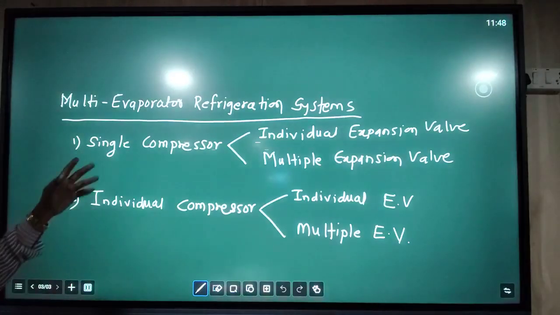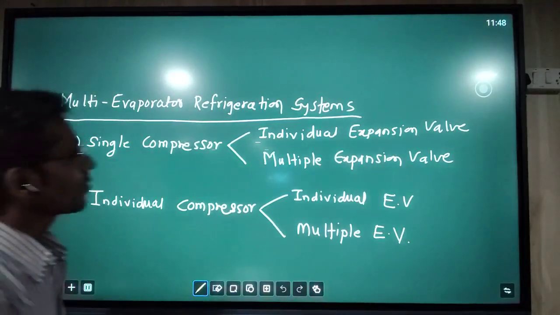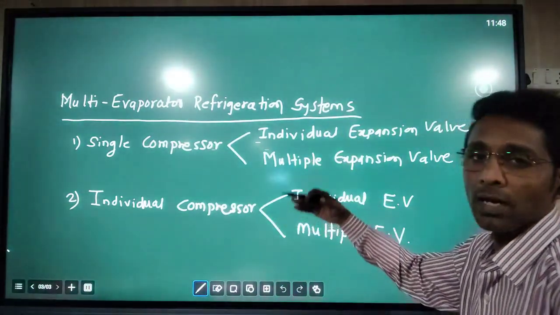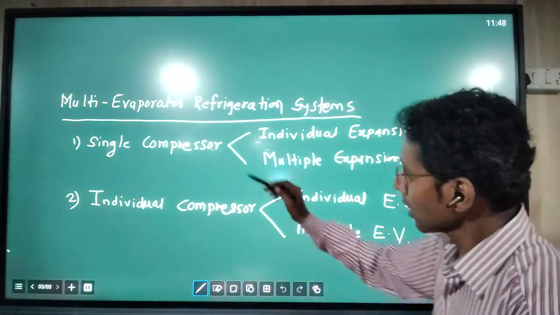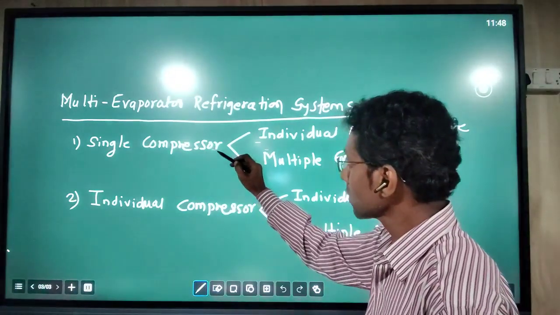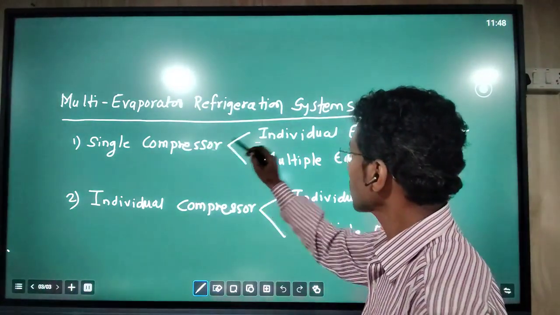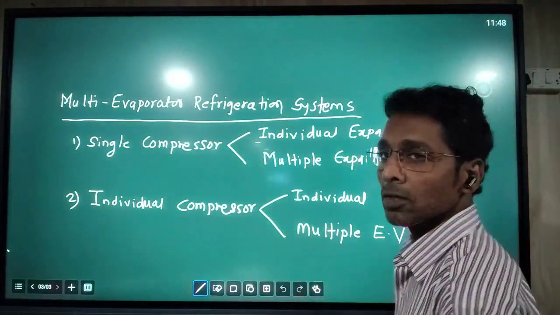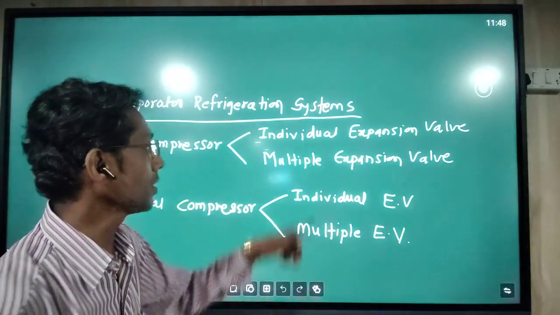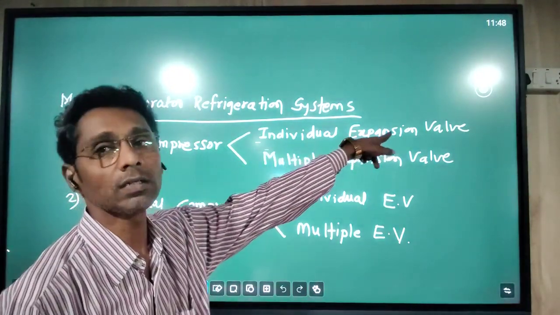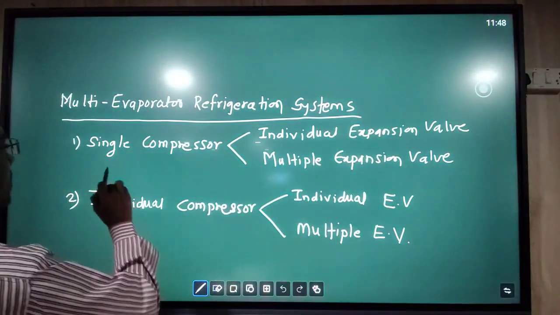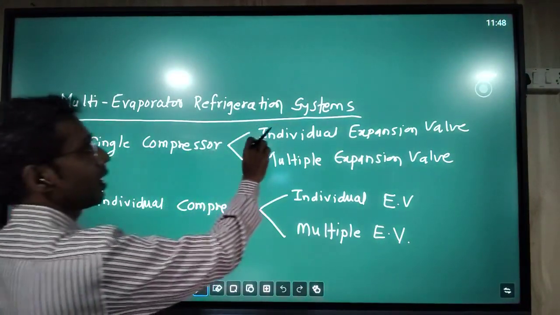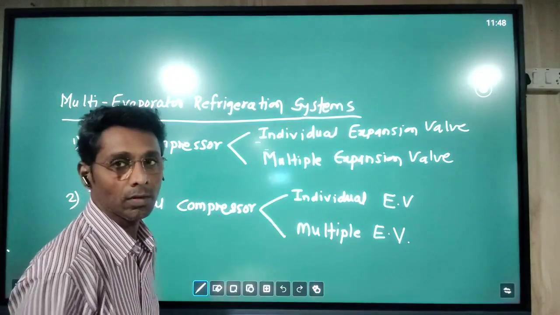If we use a multi-evaporator refrigeration system, here the simple classification is this: if we are using a single compressor with more than one evaporator, and for every evaporator an individual expansion valve is utilized, then that system becomes a multi-evaporator system with single compressor and individual expansion valves.